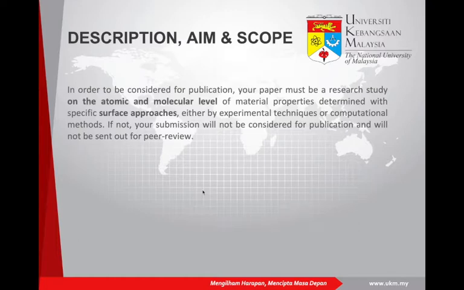So you have to make sure the study is not just on the micro level or higher level. It should be very, very small, atomic and molecular level of material properties. And the work that you're trying to do should be related to specific surface approaches. Okay?